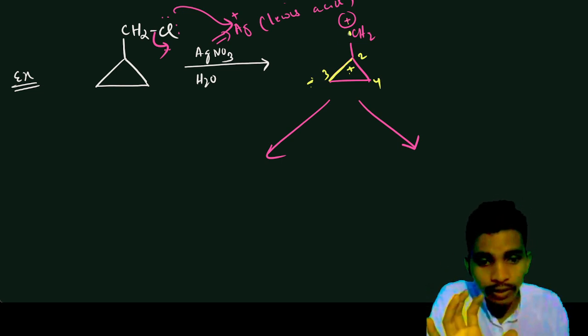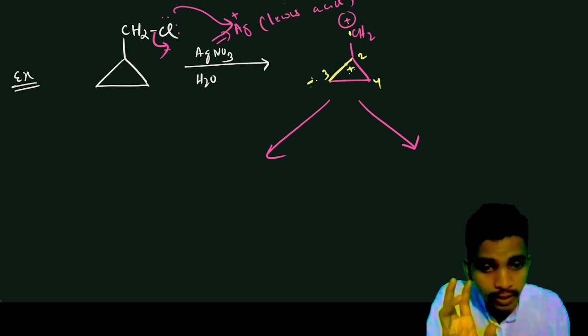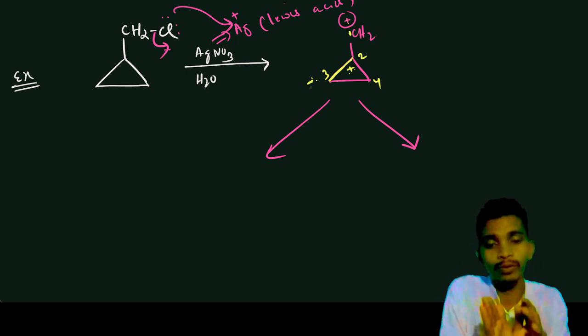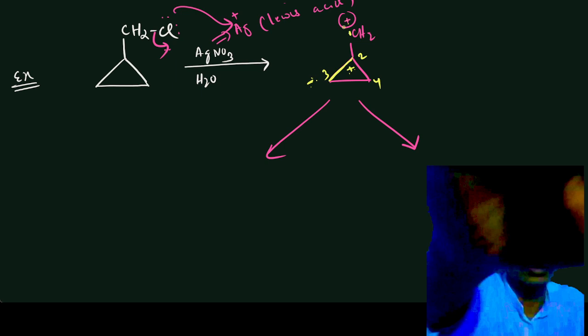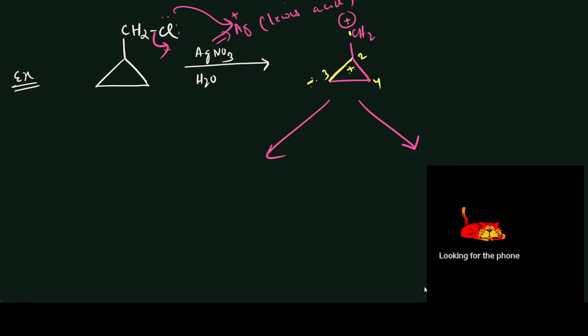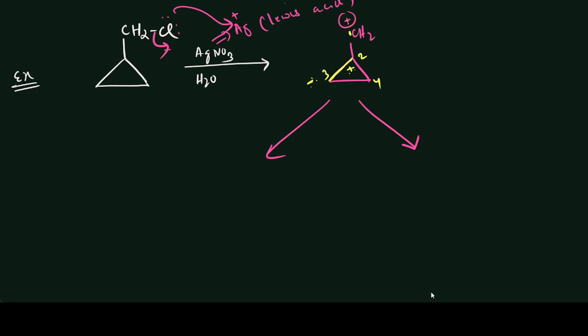Do remember that whenever I am considering this, I am not considering that. And whenever I am considering this bond, I am not looking at that bond. We have to be careful about that, because we may get confused while I'm making this positive, this is positive, then how has the bond formed?